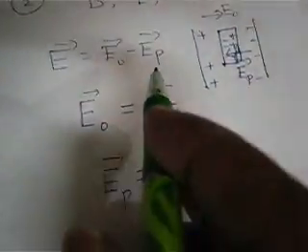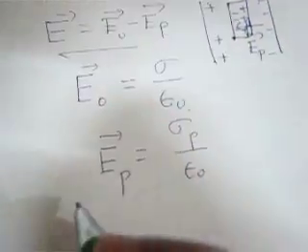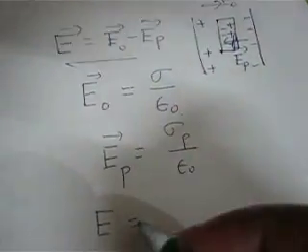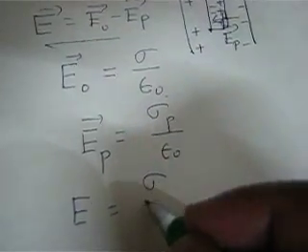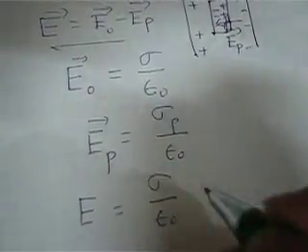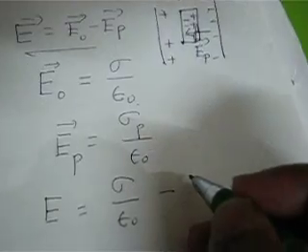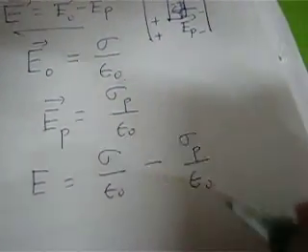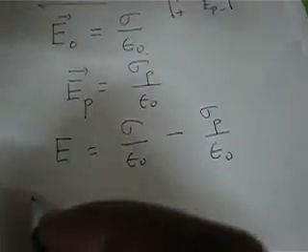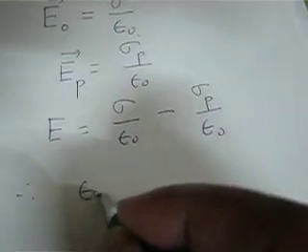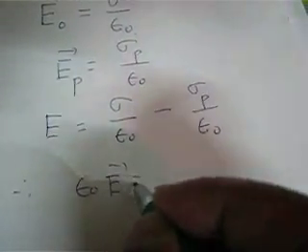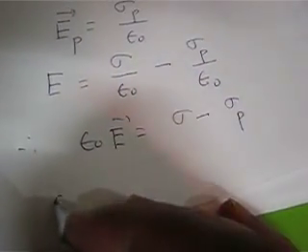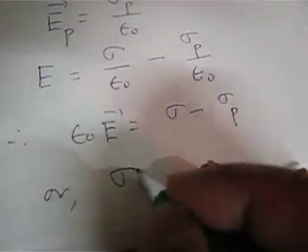So putting this value in this expression, we have E equals sigma by epsilon naught minus sigma p by epsilon naught. So epsilon naught E equals sigma minus sigma p.